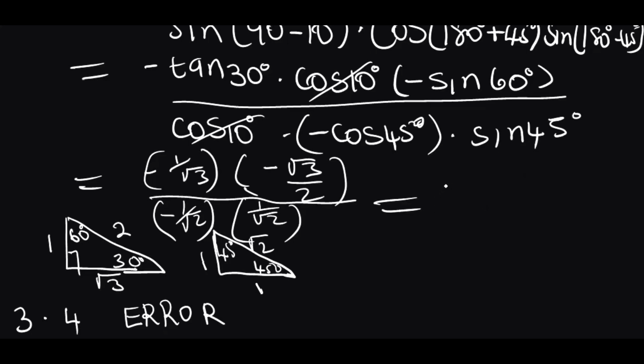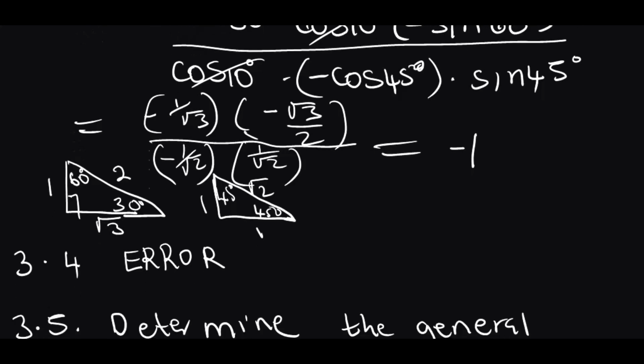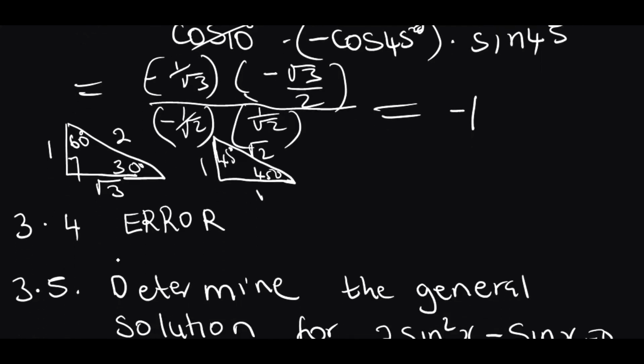That is equal to what? If you put all this information in a calculator as it is, the answer is negative 1. I know you are using calculators, therefore your life is so simple when it comes to mathematics. We know that 3.4 is having an erratum, or is having an error.